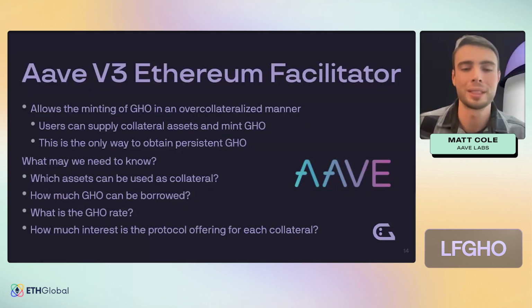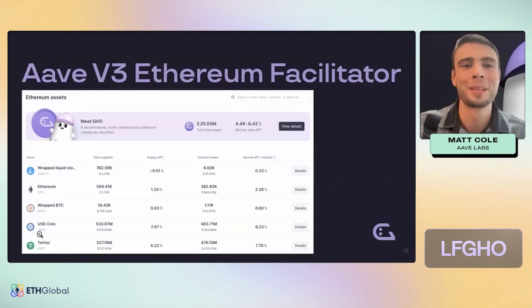How much Go can be borrowed? There might be a cap on the amount of Go that can be borrowed. What's the Go rate? And how much interest is the protocol offering for the collateral? These are all things that might be pretty important to make an informed decision.